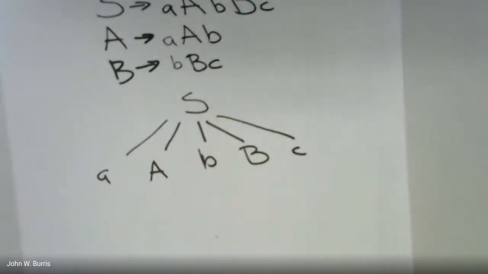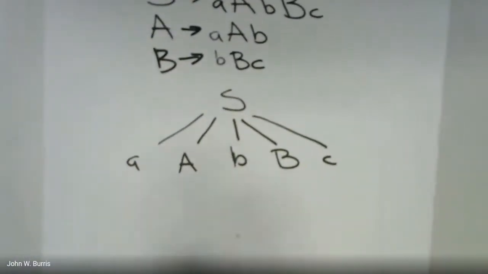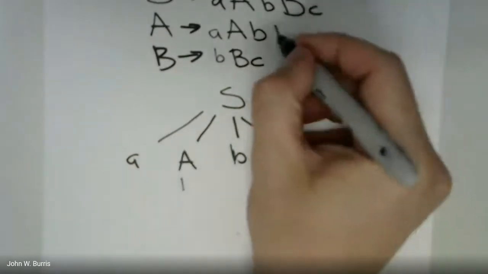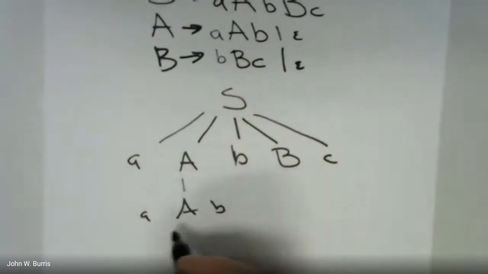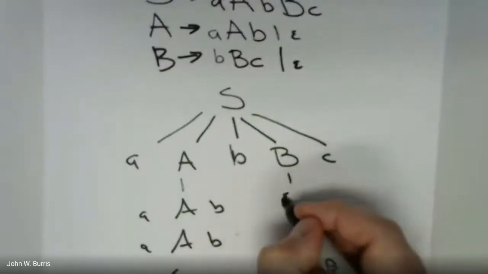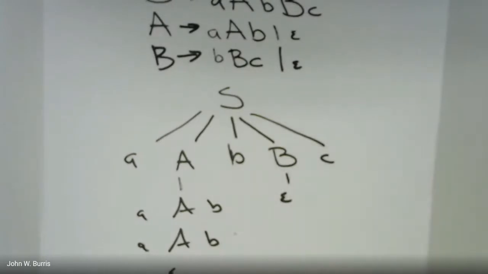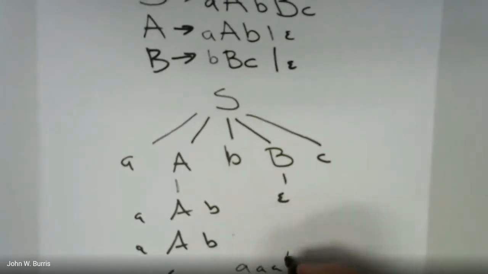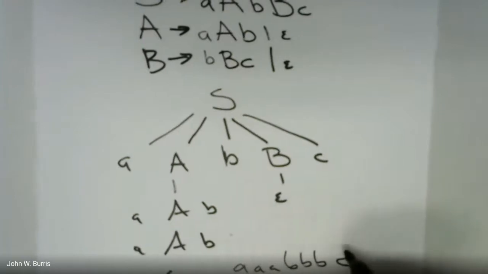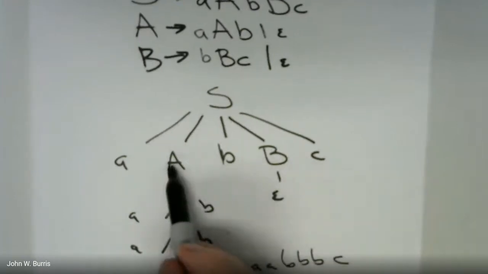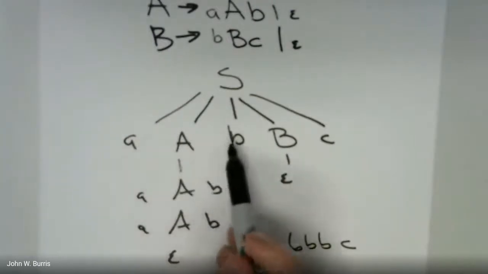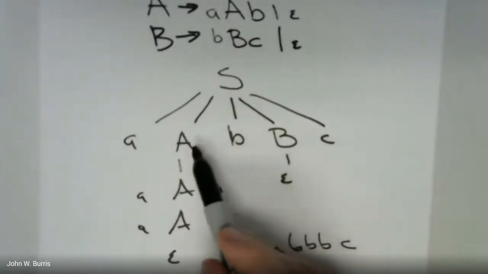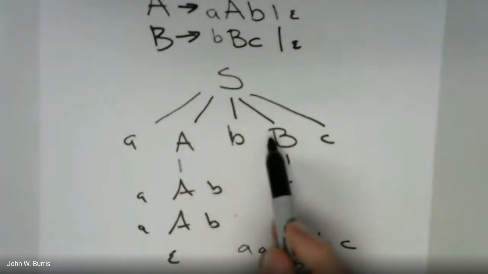The problem is that this is going to get out of whack pretty quick, because A can keep on matching A's and B's, and then end up here, and B can just end up in an empty string. In this case, you have A, B, B, B, and then a C. The problem is this non-terminal, this A, can only match what's to the left and right, and B can only do what's left to the right. There's no connection between these two variables.